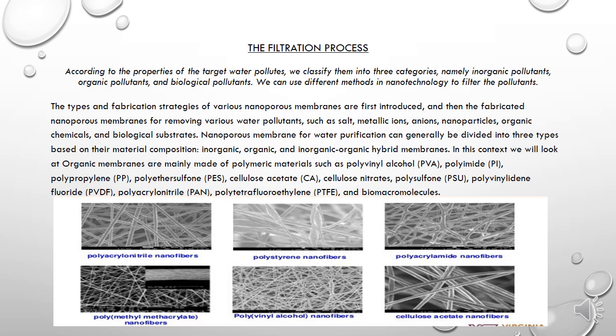In this context, we will look at organic membranes, mainly made of polymeric materials such as polyvinyl alcohol, polyamide, polypropylene, and many more polymer membranes. The picture below shows us the different types of nanofiber membranes and how they look.